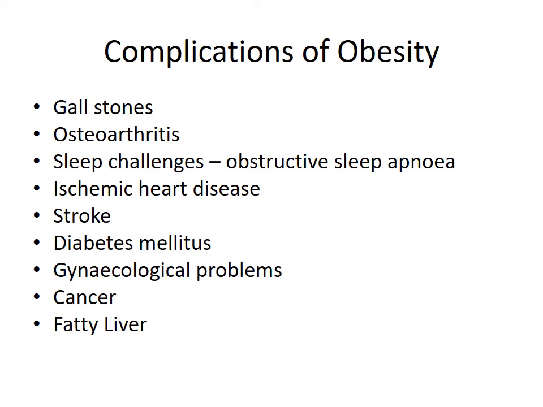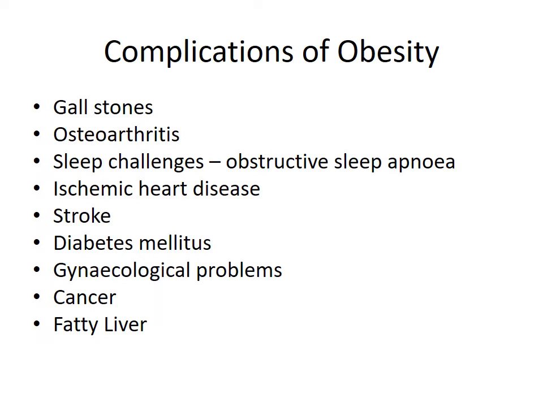They develop gallstones very easily, which would then result in abdominal pain. They may have intolerance for fatty meals, they vomit, and they may develop yellowness of the eyes. Then because of the heavy weight on the joint, it damages the joint, so they have pain from the joint, osteoarthritis. They may have problems with sleeping, what we call obstructive sleep apnea.